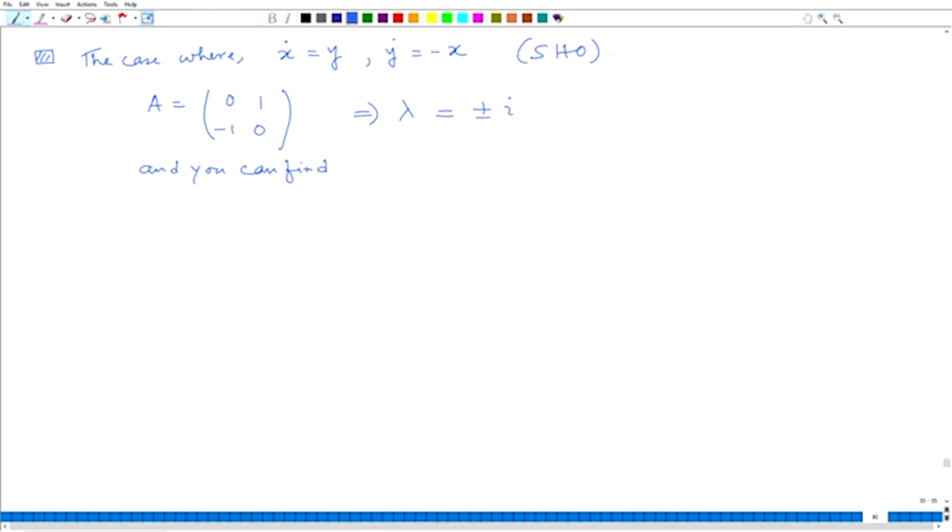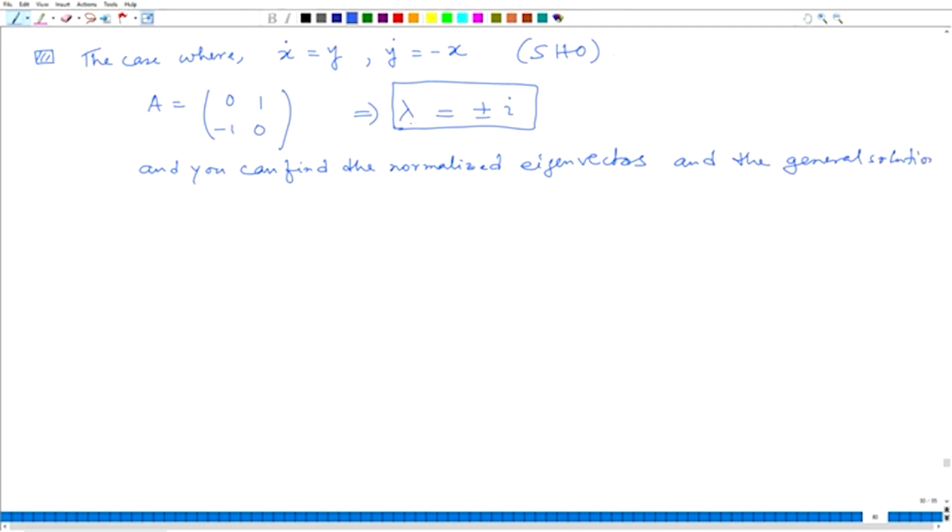So, this is the case of distinct eigenvalues. You can find the normalized eigenvectors and the general solution. In the general solution you will always find a trigonometric sine or cosine type of function.